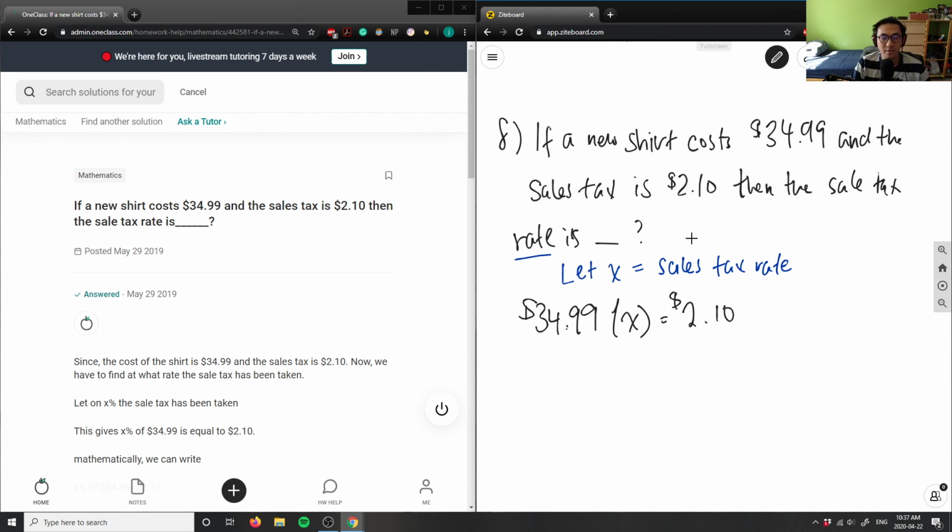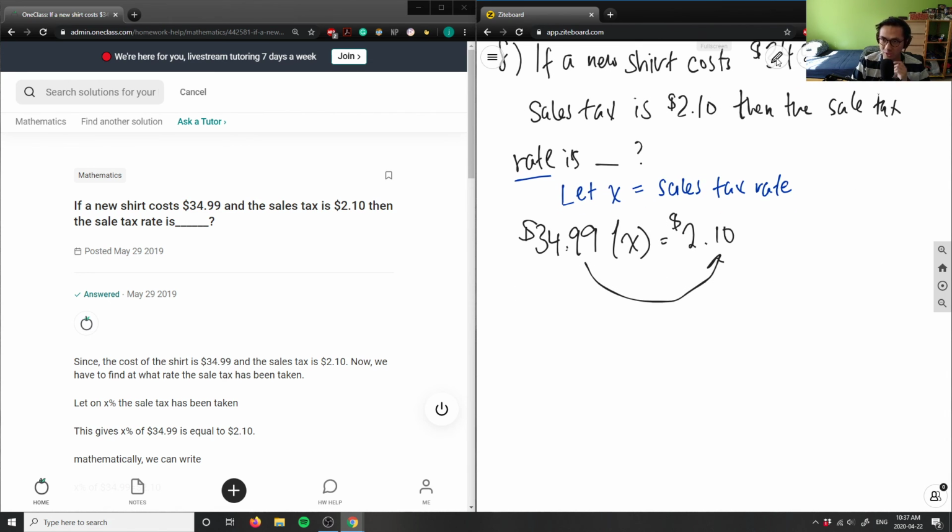In order for me to solve this simple equation, I'm going to move $34.99 to the other side. The moment I move this to the other side, I'm doing the inverse operation, the opposite operation, which means I'm going to divide, right? So x equals $2.10 divided by $34.99, and this will give me a decimal number, 0.060.